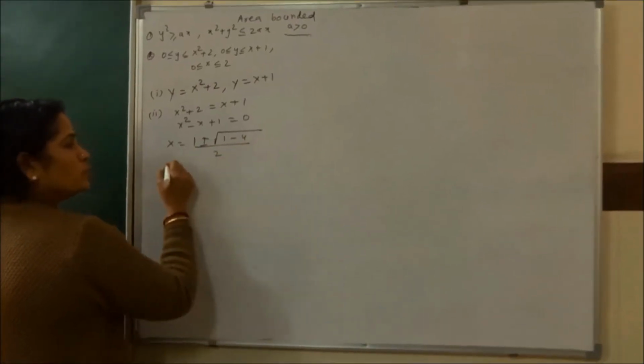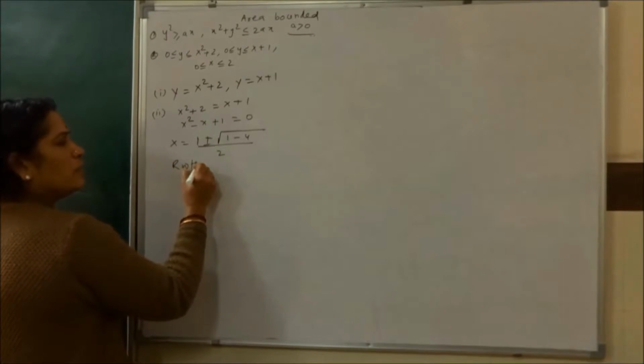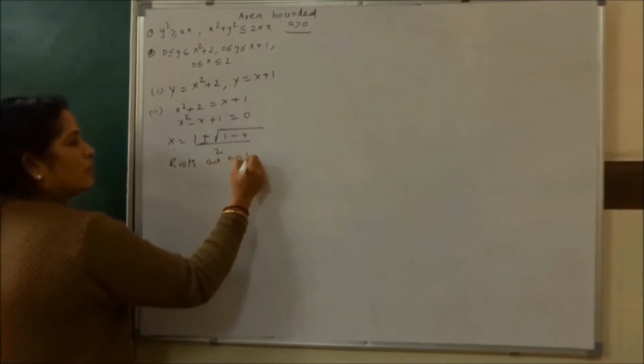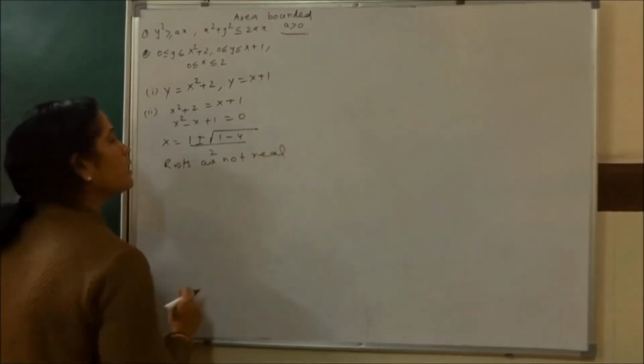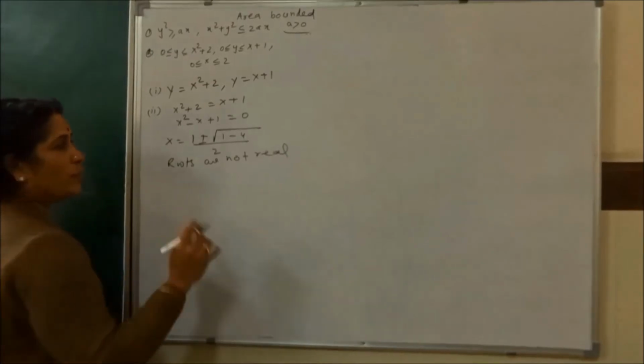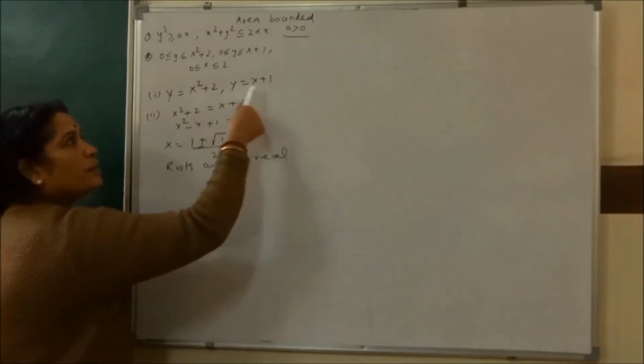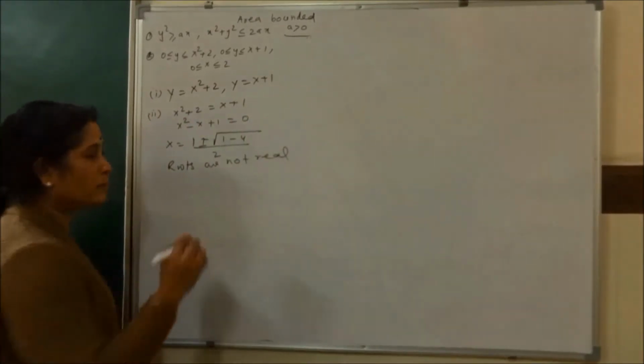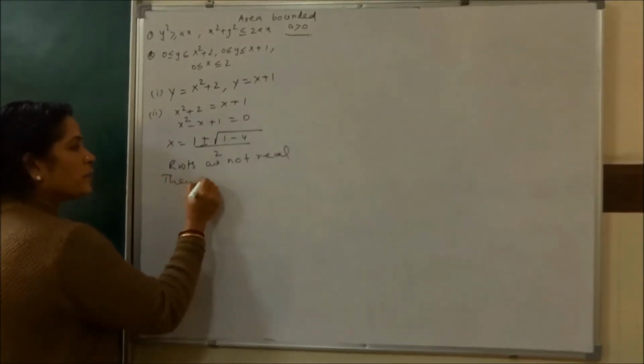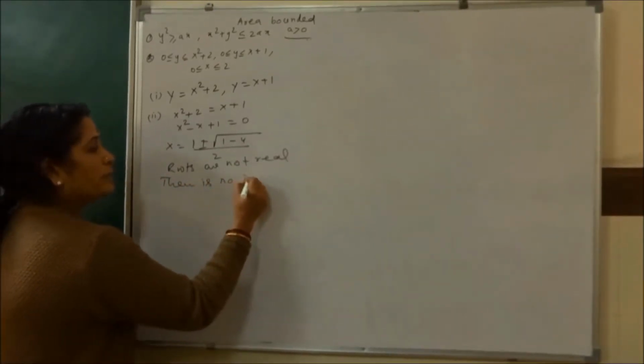The roots are not real. Therefore there is no intersecting point. The parabola and the straight line will not intersect.